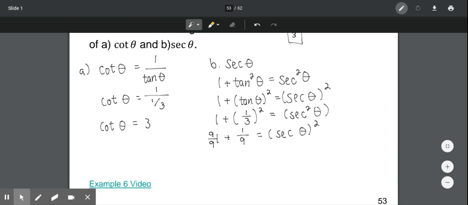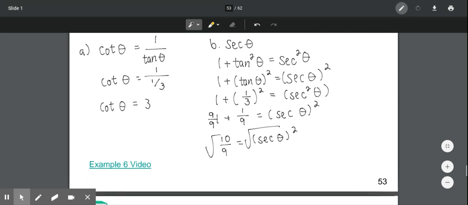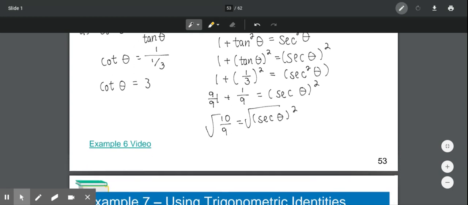So 9 over 9 plus 1 over 9 is 10/9, which equals the secant of theta squared. We need to take the square root of both sides. That's the same thing as the square root of 10 over the square root of 9. The square root of 10 doesn't simplify, so we leave that as the square root of 10, but the square root of 9 is 3. So root 10 over 3 is our value for the secant of theta.